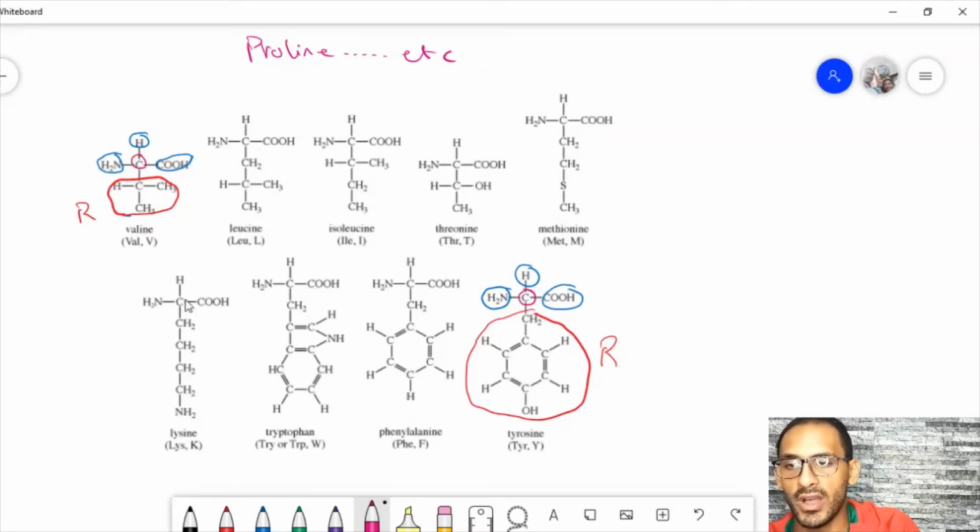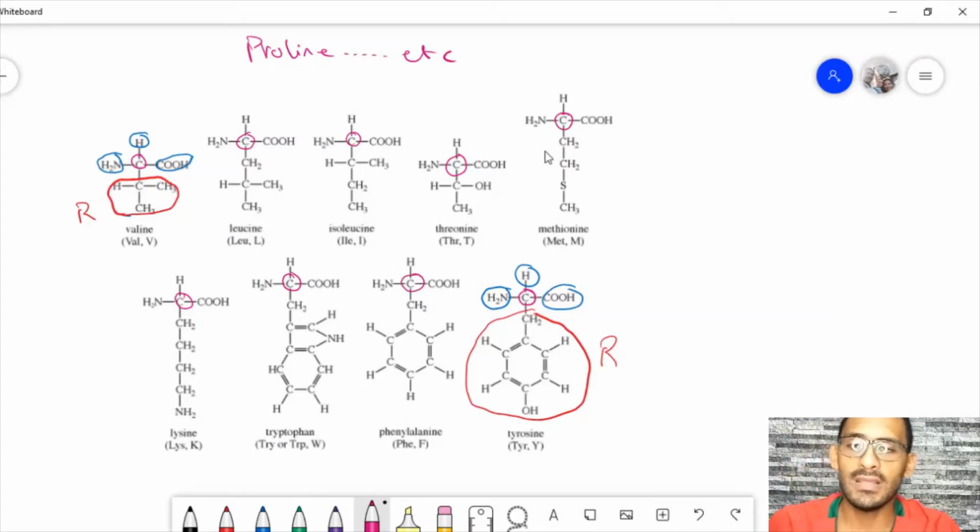You will find the center carbon atom, okay, in the middle, here and here and here, whatever I circle in pink. This is the center carbon atom over here. And you will find that every amino acid has the same composition of hydrogen, amine group, carboxyl group.